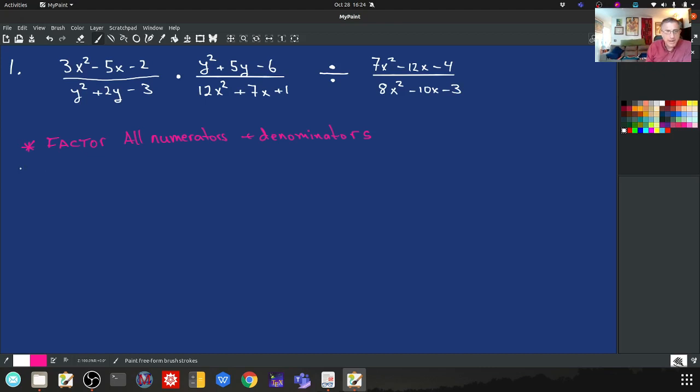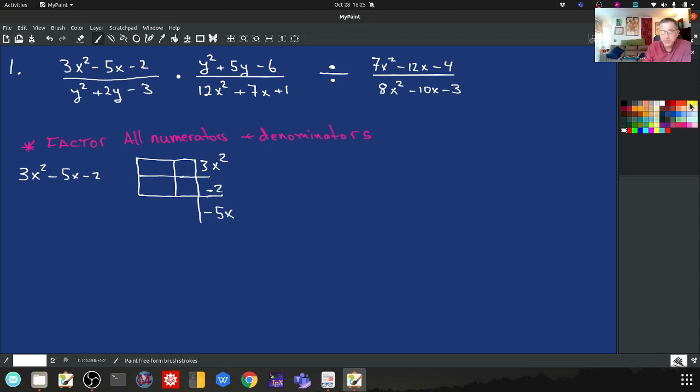So we're going to factor 3x squared minus 5x minus 2. Using the method that I think is really easy to do, we draw the little tic-tac-toe box, kind of. We take our leading term, 3x squared, our last term, minus 2, and minus 5x.